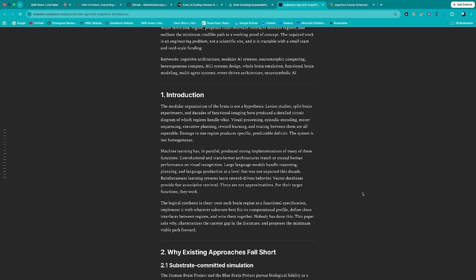So the introduction talks about the modular organization of the brain, which is not a hypothesis. Lesion studies, split brain experiments, and decades of functional imaging have produced a detailed circuit diagram of which regions handle what. Visual processing, episodic encoding, motor sequencing, executive planning, reward learning, and routing are all separable. Damage to one region produces specific predictable deficits, so they're not all interacting all the time.